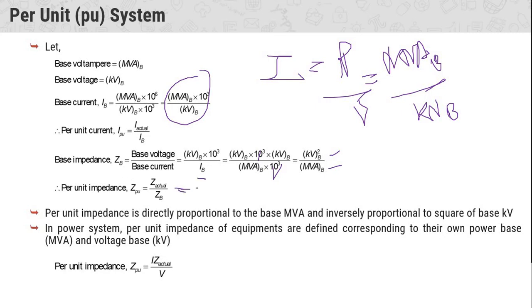Like numerator is Z actual, and Z base value is kV base square into MVA.